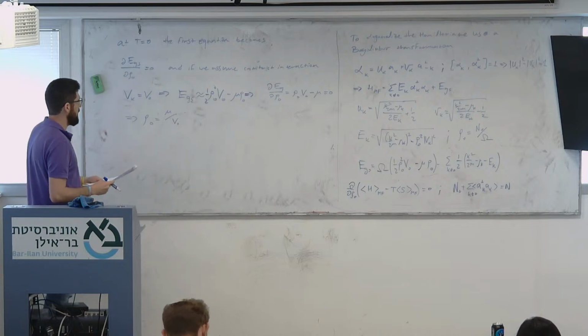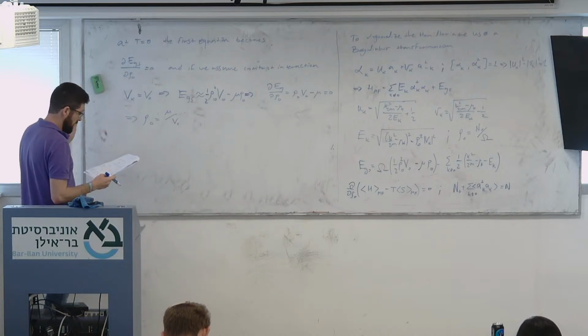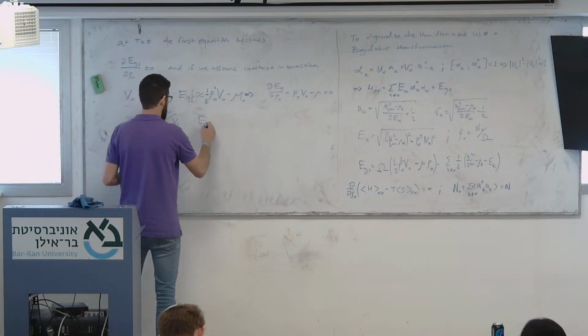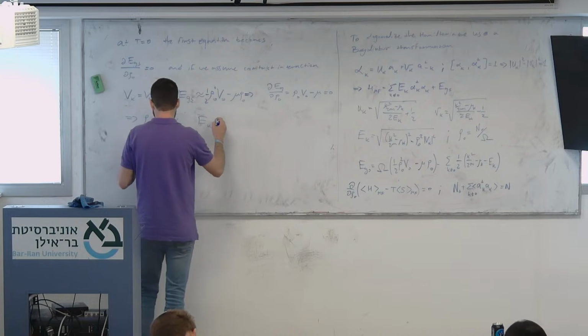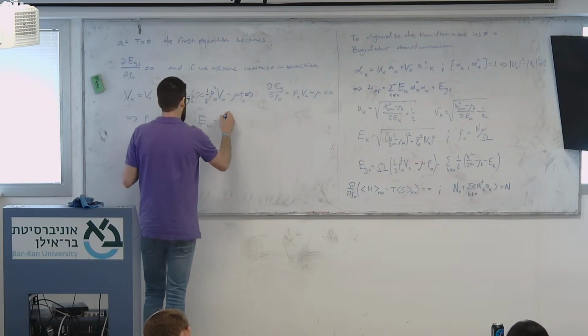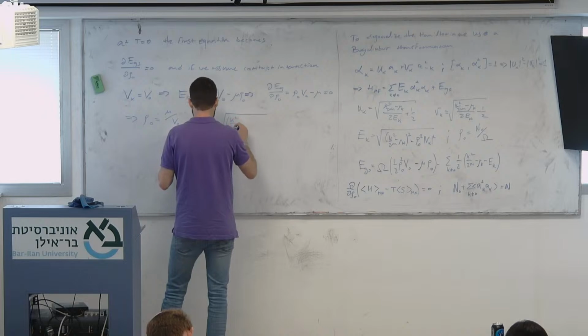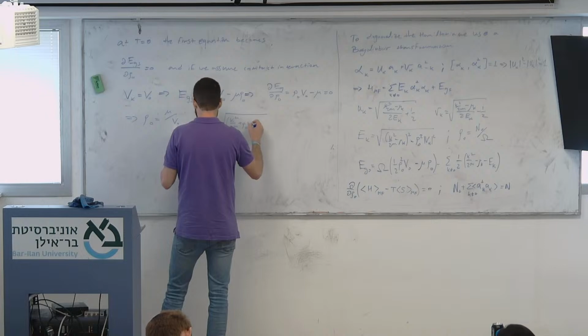And then we can also plug this into EK, and what we found is that this gives k squared over 2m plus 2 rho naught V naught.